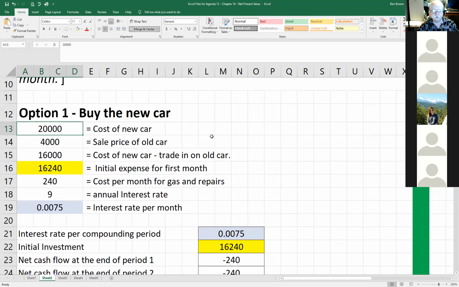The car costs $20,000, but you can sell your old car for $4,000. So the cost of your car minus the trade-in is 16,000. But as you've got to pay gas and repairs at the beginning of the month, your initial expense for the first month would be 16,240.